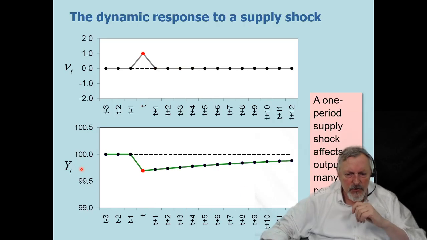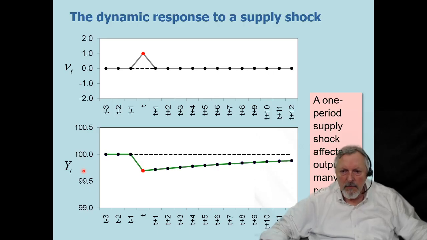This bottom graph shows how the dynamic aggregate supply curve would shift up in period t by exactly the same amount as the shock. The dynamic aggregate demand curve would remain unchanged. Inflation would rise and output would fall in period t.